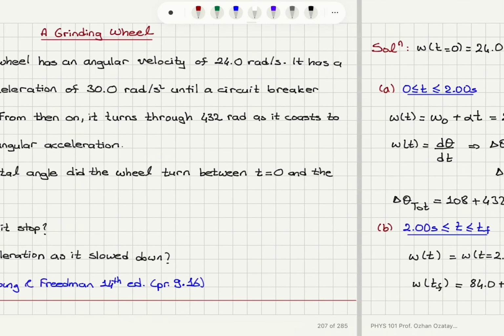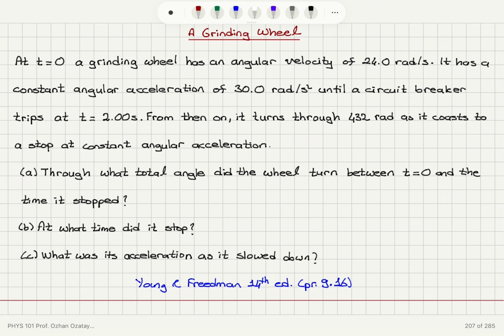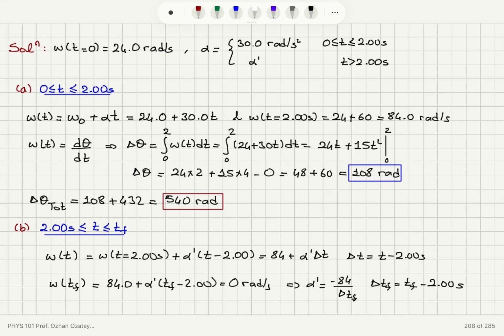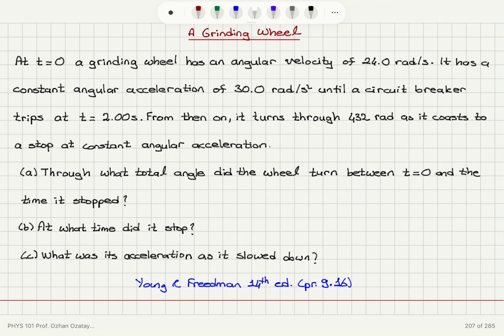Okay, so we have a grinding wheel whose angular acceleration is time dependent. So it is 30 radians per second squared between t equals 0 and 2 seconds. And after that, it's again a constant, but it's negative actually because it's going to decelerate. We have an initial angular velocity, 24 radians per second.